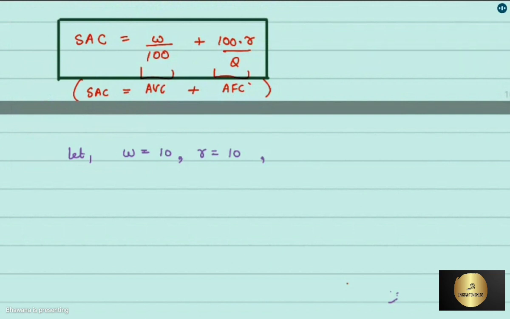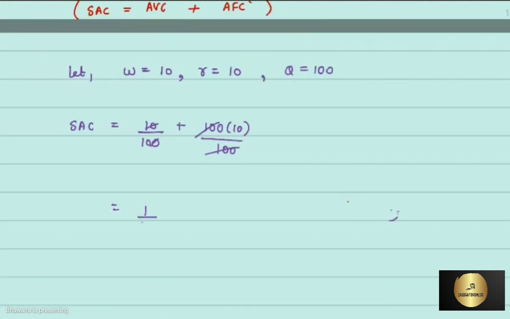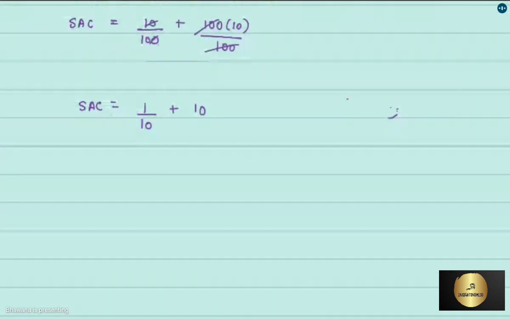We are assuming this only. Now let's see what our average cost will be: 10 into 100 divided by 100 plus 100 into 10 divided by 100. So you will get 1 by 10 plus 10. This is your short run average cost. 1 by 10 is your average variable cost and 10 is your average fixed cost. And when you solve it you will easily get your answer.